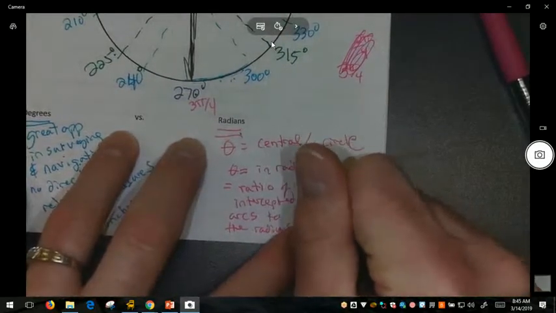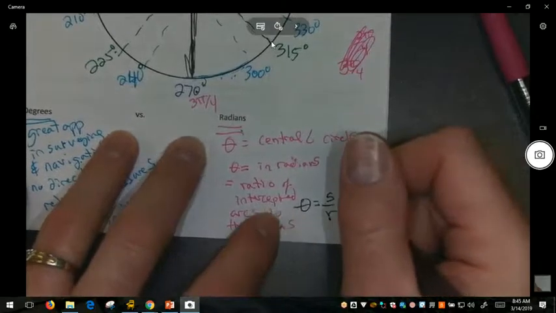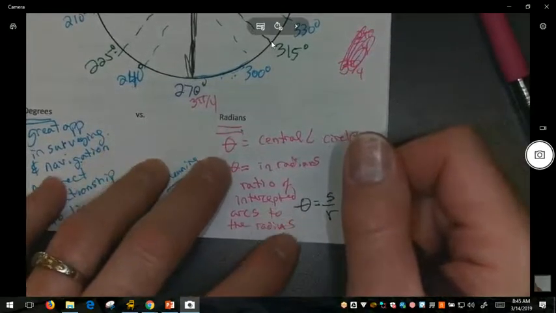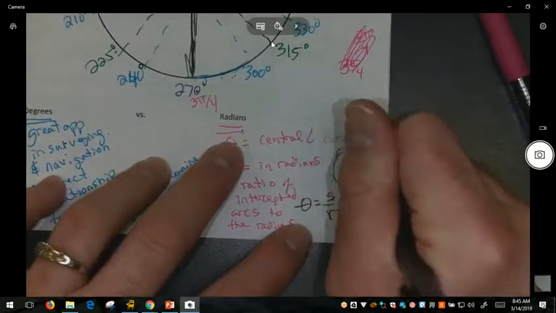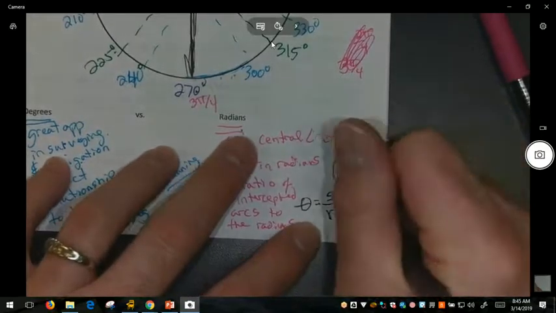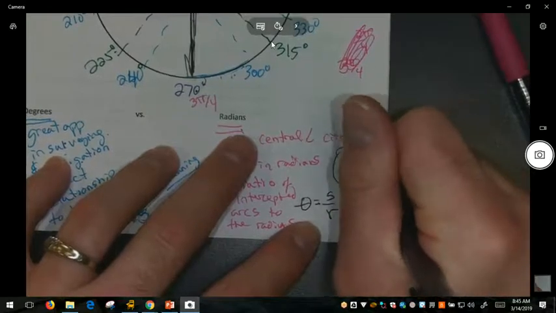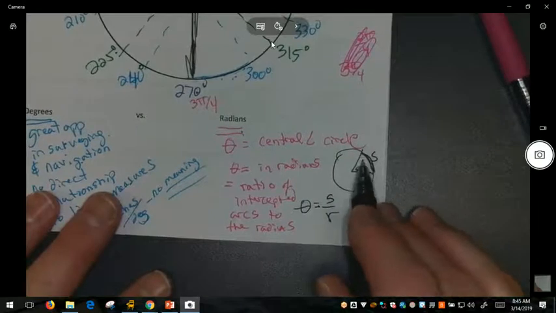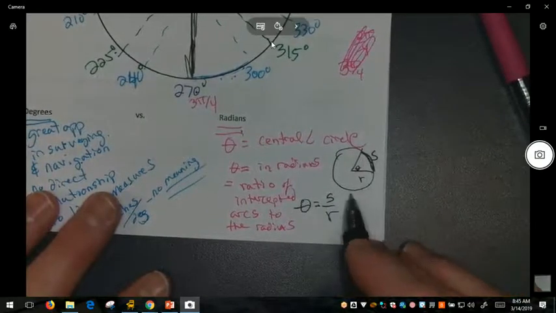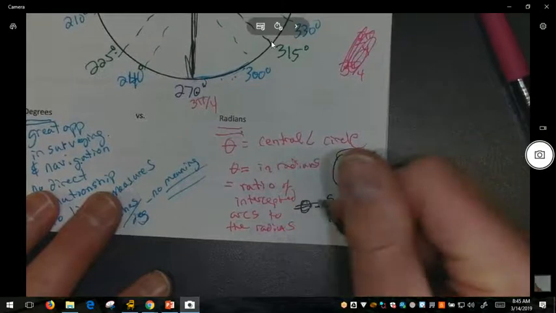Theta equals S divided by R, where S is the length of the arc. So let me show you that on a picture. Here is our central angle theta, here is our radius, and here is S. S is a fraction of the circumference. That divided by R would give you the value of the angle.